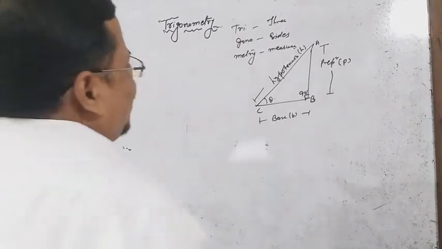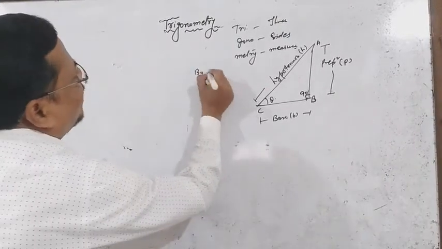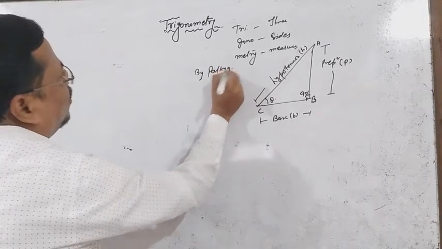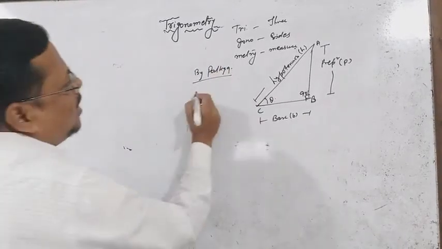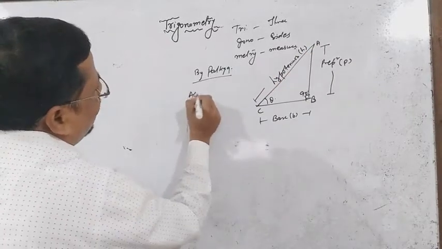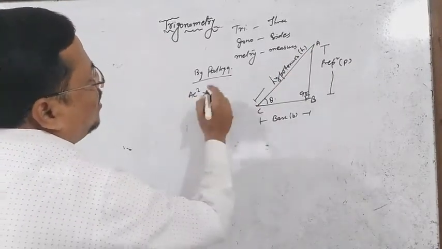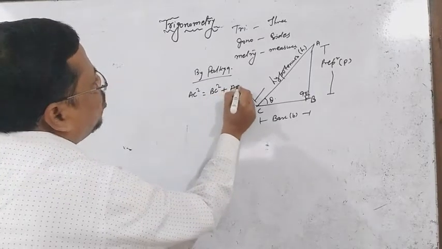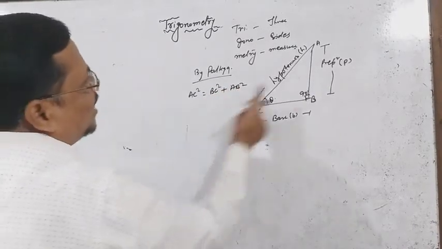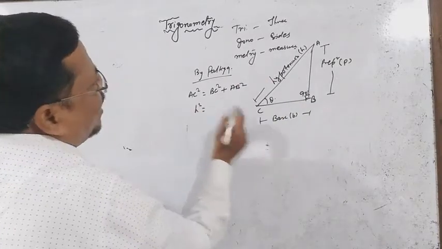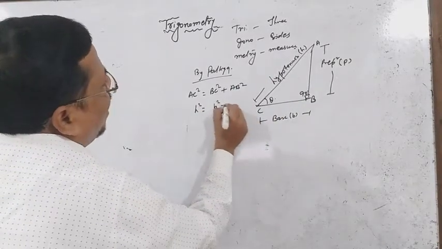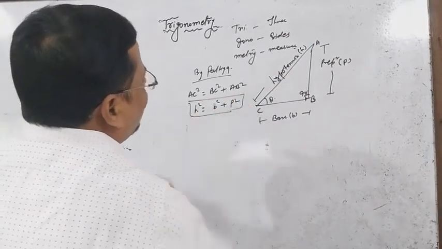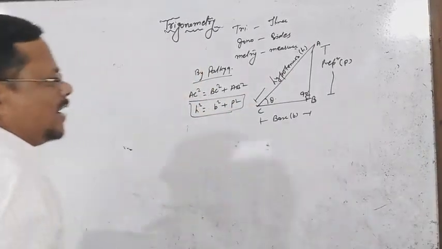According to Pythagoras theorem, the square of the hypotenuse is equal to the sum of the squares of the other two sides. That means AC is H, so H square equals BC square plus AB square, or H square equals B square plus P square. It is the formula derived by Pythagoras theorem in trigonometry.